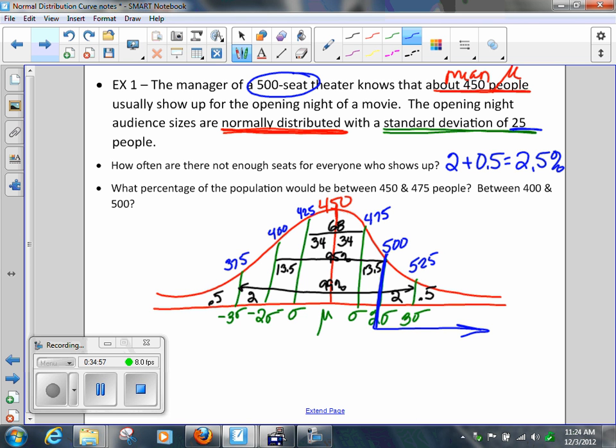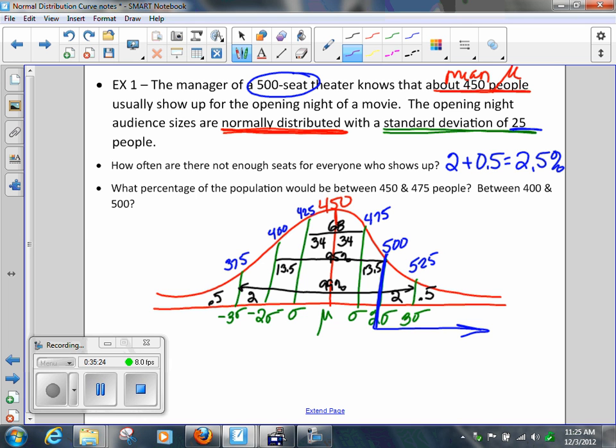Look at the next piece. It says, what percentage of the population would be between 450 and 475? Why can I not do that?